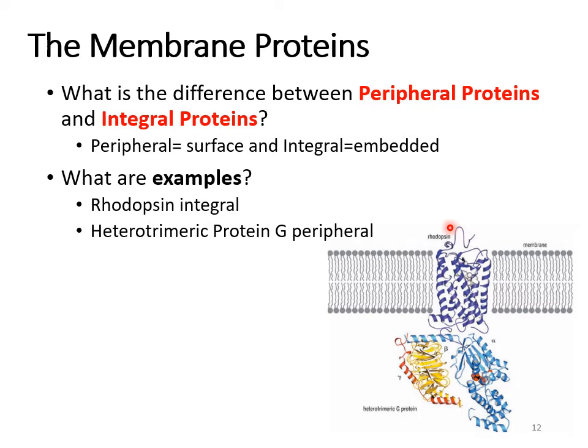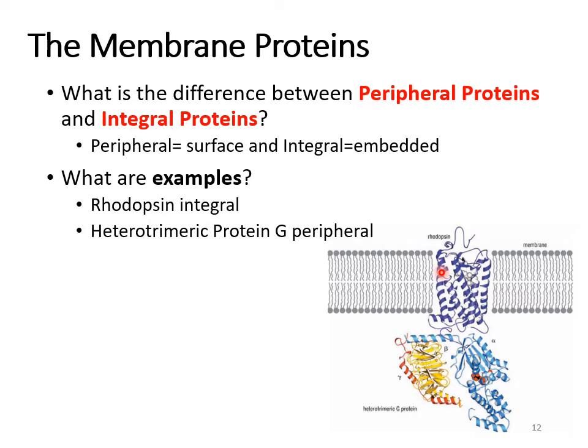And the difference in terms of their locations also greatly affects how we deal with that membrane, because if something is just a peripheral protein, it's going to be pretty easy for you to remove it from that membrane, usually with mild treatment, something like changing the ionic strength of the medium, for instance. Whereas if something is integral, it's really embedded within that membrane.